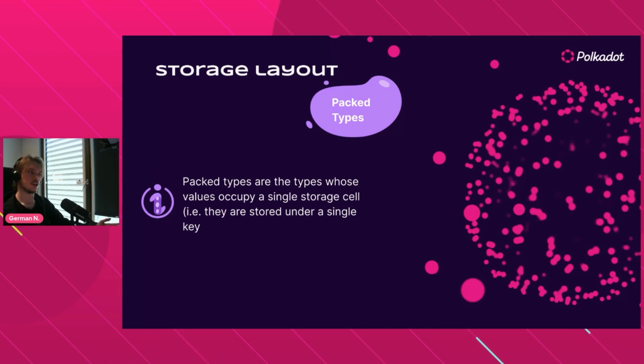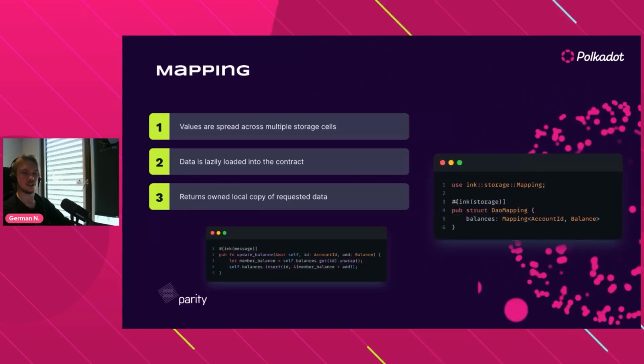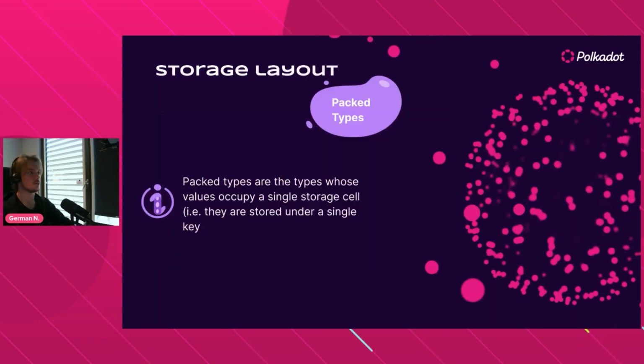So now let's break this down and understand what this implies. Packed types essentially are certain types where all the values are stored under a single key. And one important fact about Ink storage, like we define here, the storage struct, is that it is by default a packed type.